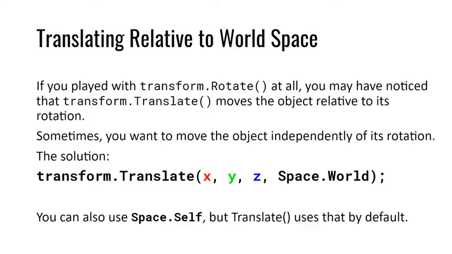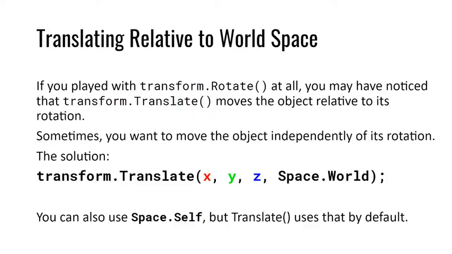As long as it's not ambiguous which one it's referring to when someone types transform.translate and puts in certain arguments, it should be fine. So there's one that takes a vector parameter, one that takes a vector and a space, one that takes XYZ, and one that takes XYZ and space. So there are 4 versions of it.